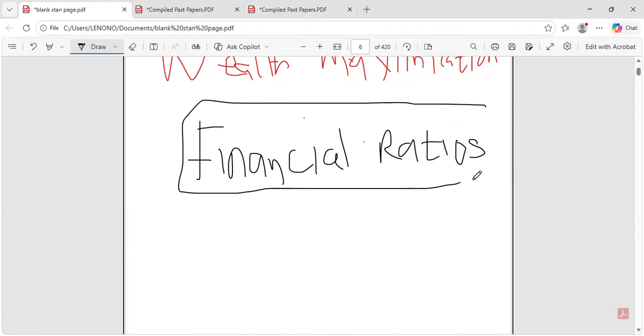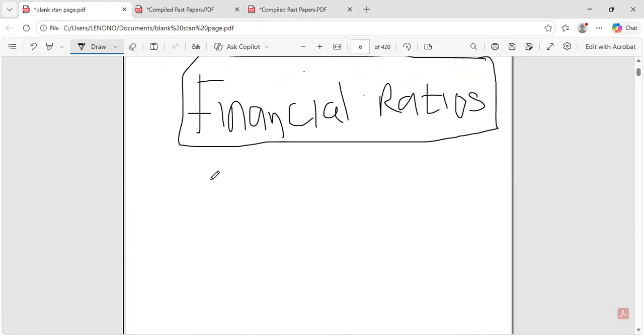Under financial ratios, what are we going to do? We are under profitability.